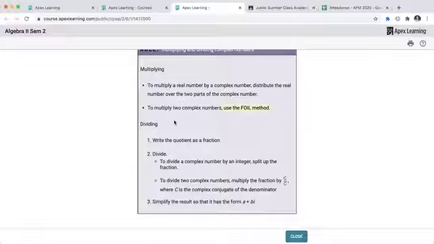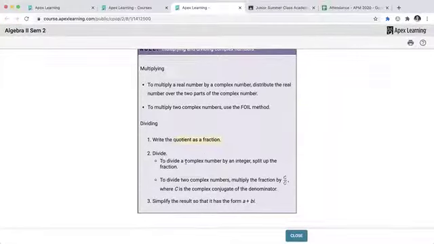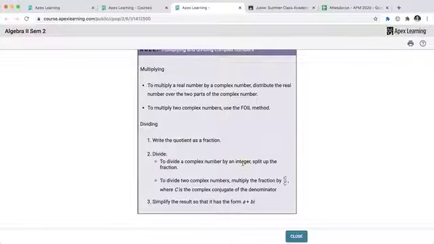When we were dividing, we still wrote our quotient as a fraction. And we had two processes here. If we were dividing by a real number, a whole real number, it was easy. We just split up the fraction and solved from there.